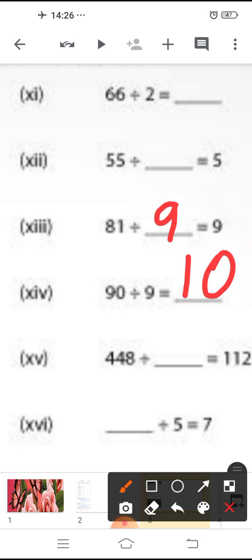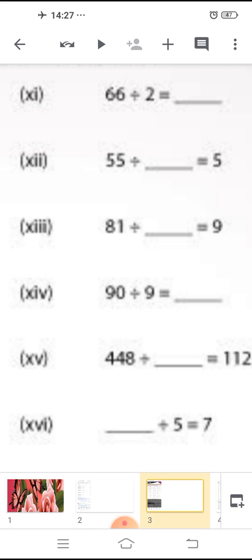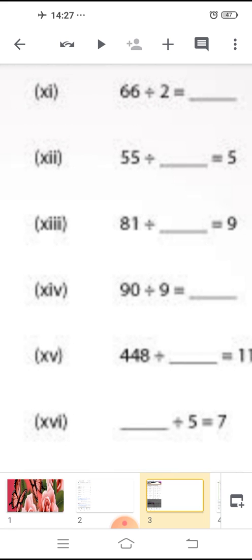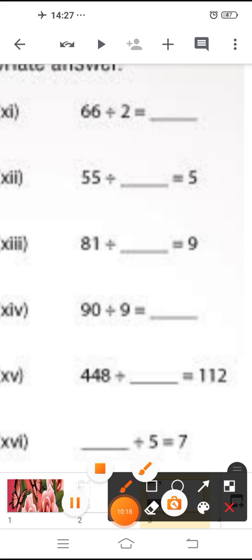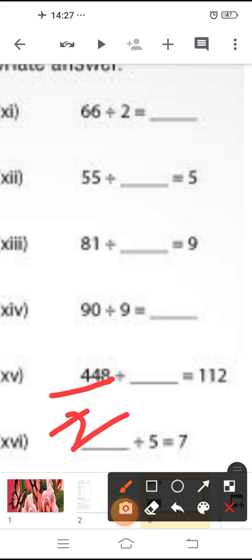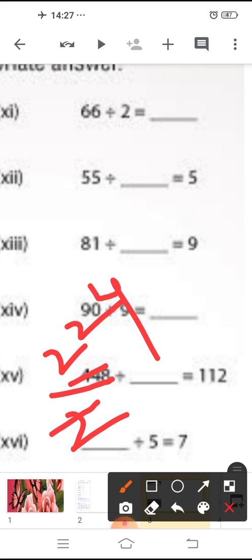Okay, now 448 divided by what will give you 112? If we divide by 2, 2 2s are 4, 2 4s are 8. 3 is not a multiple.